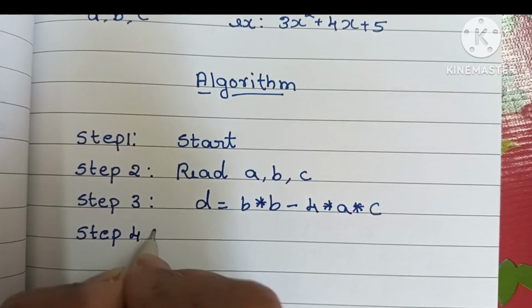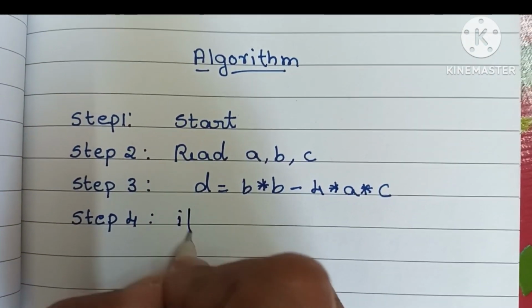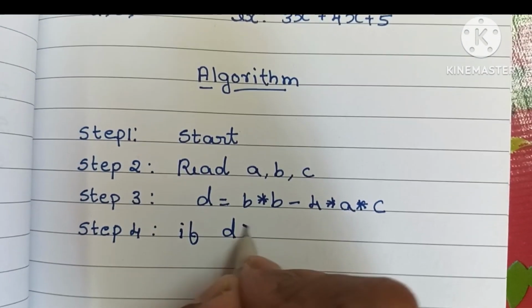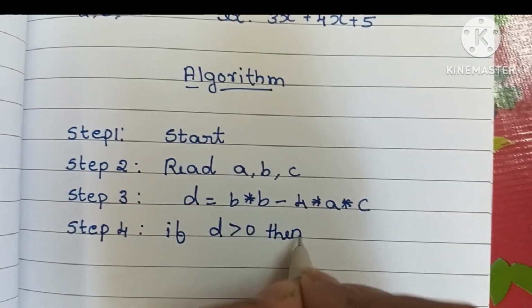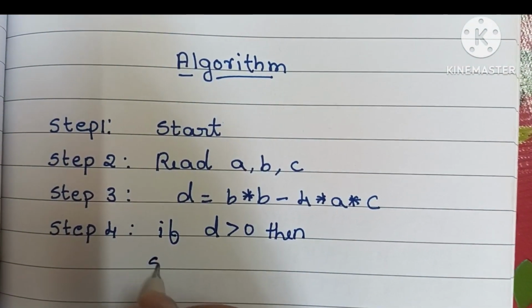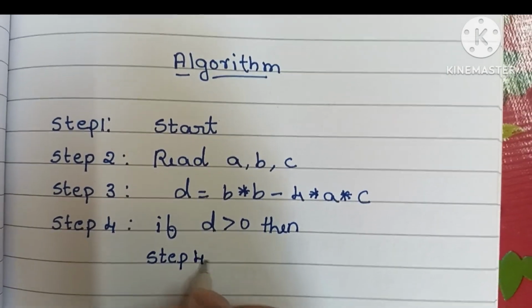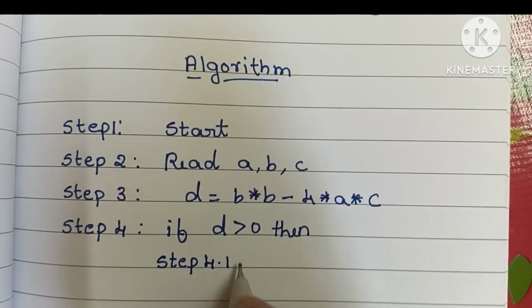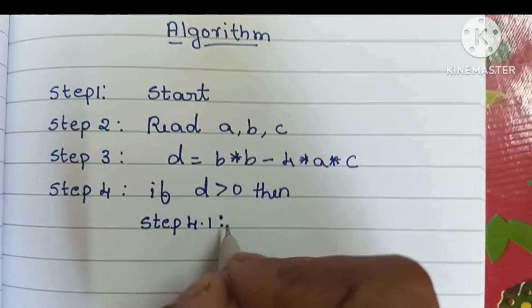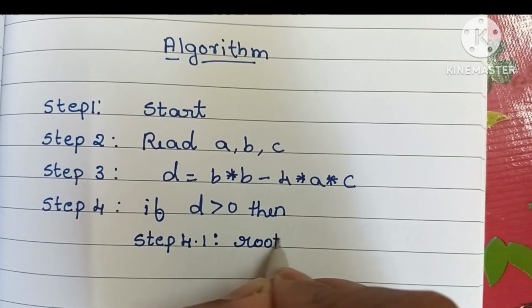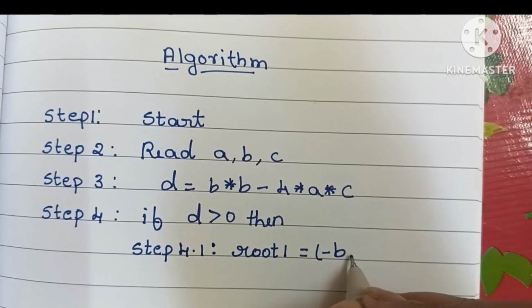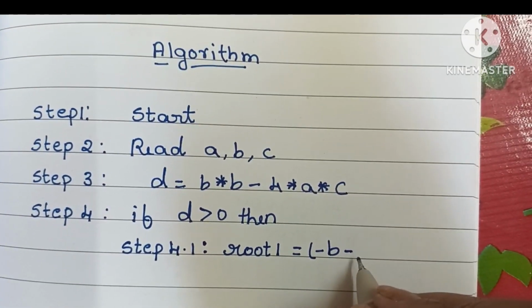Step 4. In step 4, we have to check if the d value is greater than 0. If it is greater than 0, we have to execute step 4.1 if this condition is true. In step 4.1, we have to calculate root 1 using the formula: root 1 = (-b - sqrt(d)) / (2a).